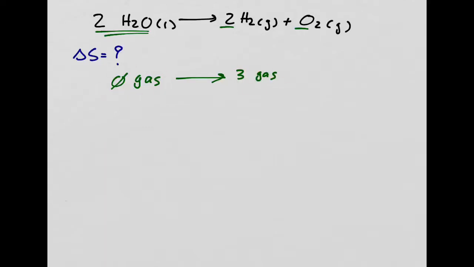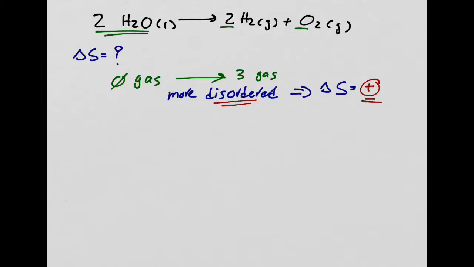What did you become? You became more disordered because gases mean disorder. If that's the case, what is the sign for delta S? Then the sign for delta S would be positive. Disordered means positive. Okay.